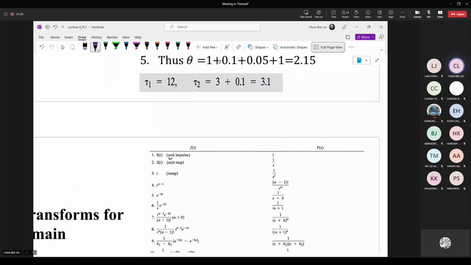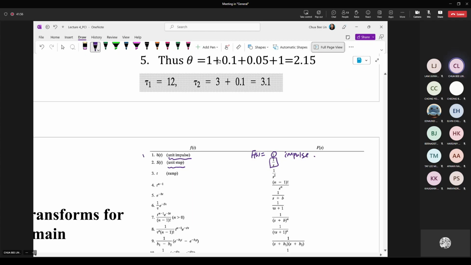So unit impulse means 1. Unit step means 1 over s. When you change to s response, it becomes 1 over s. But when they say it is an impulse, so it is unit impulse, your F(s) will be 1 for impulse.